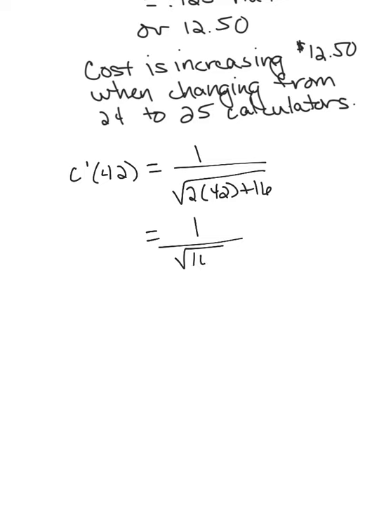So we'll have 1 over the square root of 100, which is 1/10, which can be written as 0.1. And remember, we must say hundreds. If I take 0.1 times 100, I get 10. So the change in cost at 42 is 10.